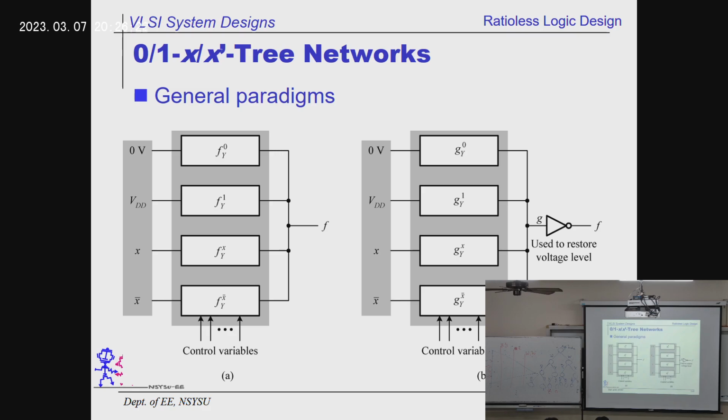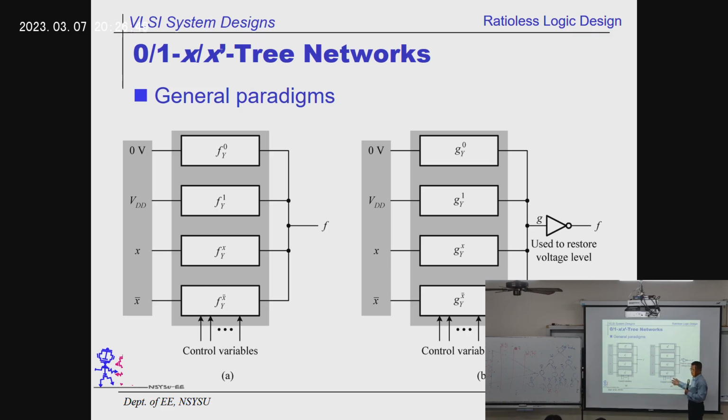All right? So, see, it looks almost the same. See that? And we have 4 paths over here. We have 4 possible inputs, 0, 1, x, x bar. It's the same over here. And the difference of these 2 diagrams is that this is controlled by a transmission gate.